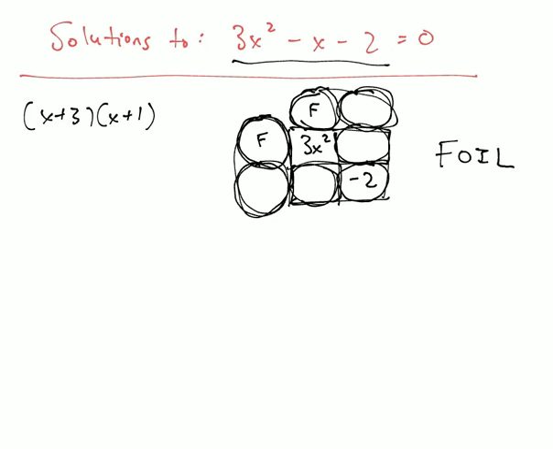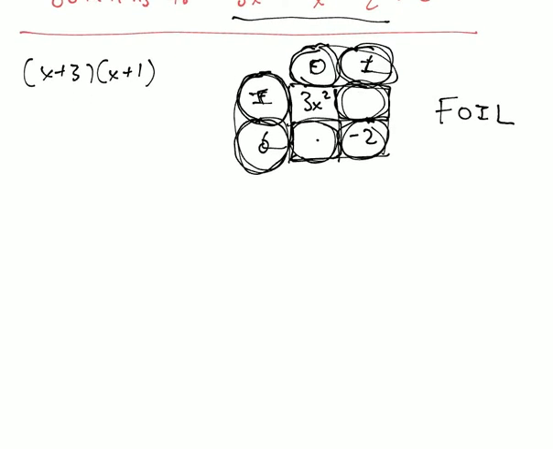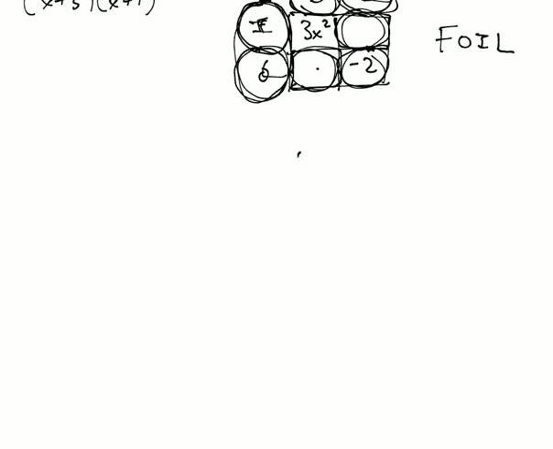You've got the outside, this outside goes here, inside goes here, and then the last ones, last and last, go here. So it's the exact same thing, just a little bit more visual. So I'm going to redraw this so it's a bit cleaner. Again, we have the 3x squared and the negative 2.